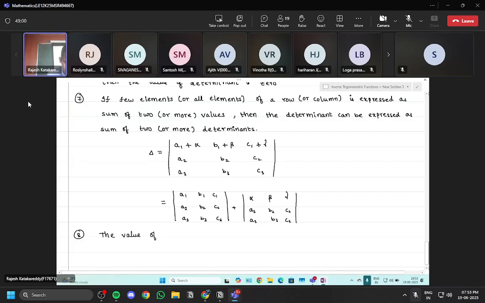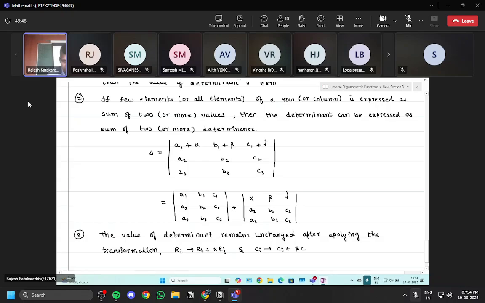The value of determinant remains unchanged after applying the transformations Ri changes Ri plus alpha into Rj, or Ci changes Ci plus beta into Cj.